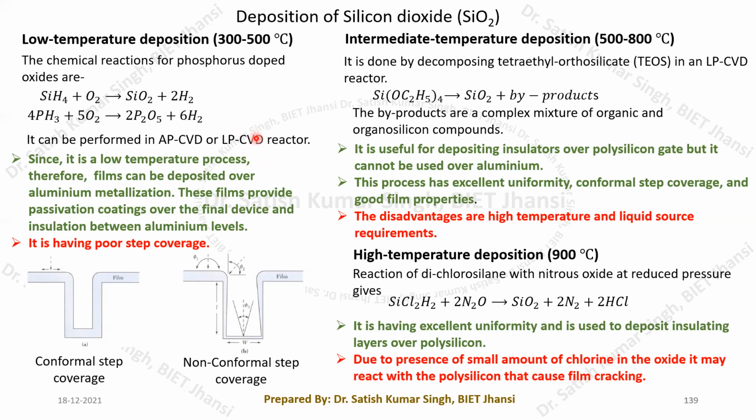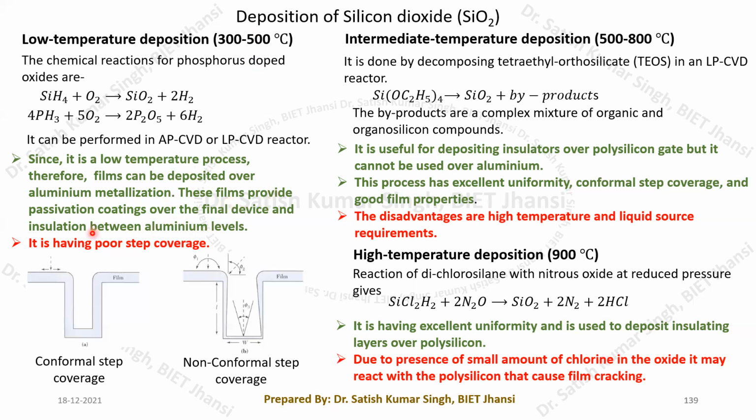This is one of the advantages: because of the very low temperature operation, it is possible to grow this SiO2 layer over aluminum metallization. I initially explained that aluminum has a melting point around 700 degrees centigrade, and because the oxide is deposited at very low temperature, we can grow the SiO2 layer over the aluminum also.